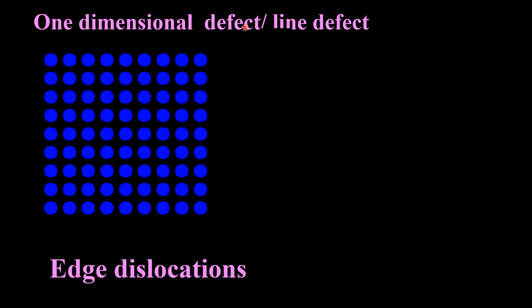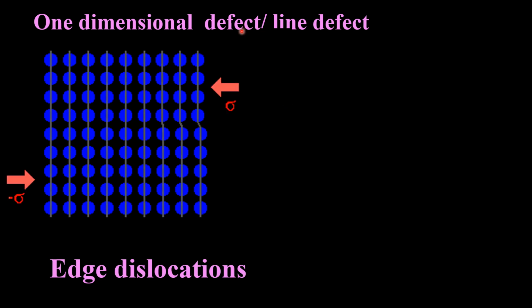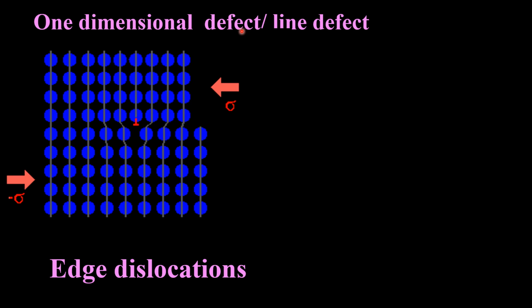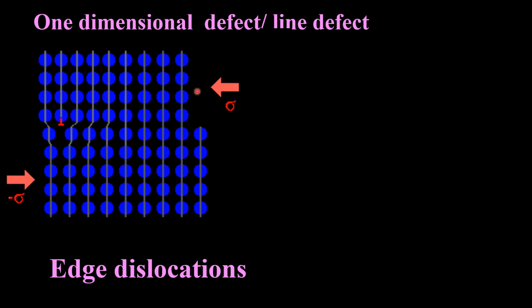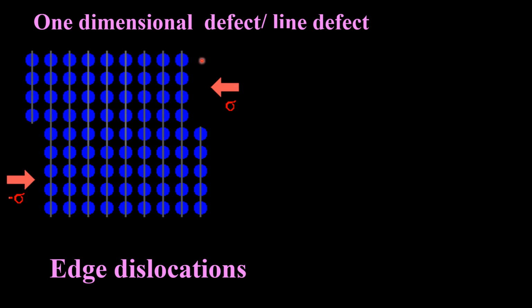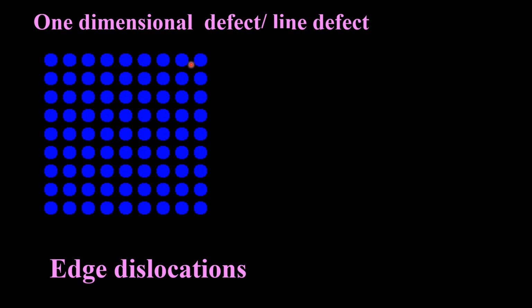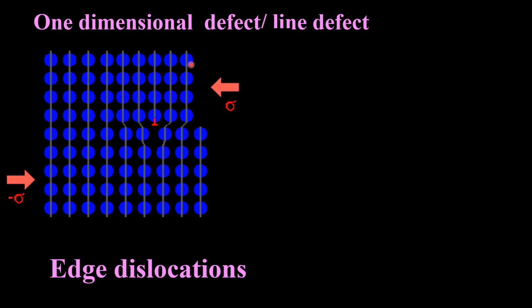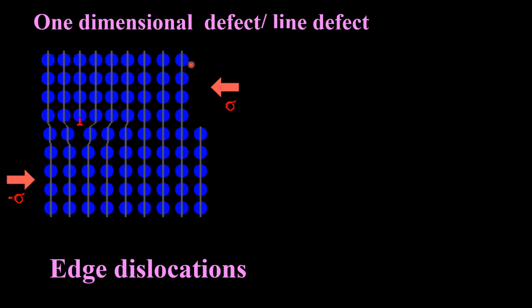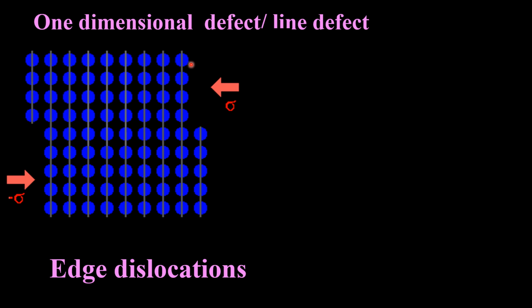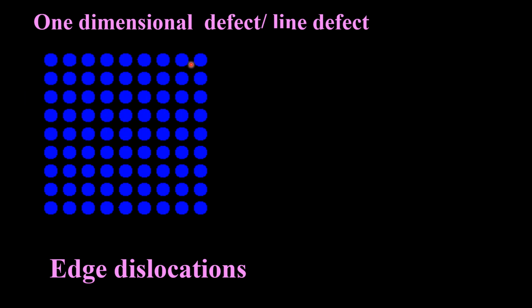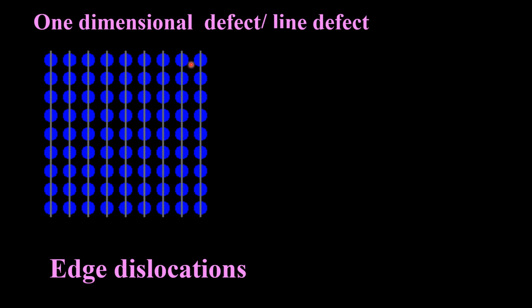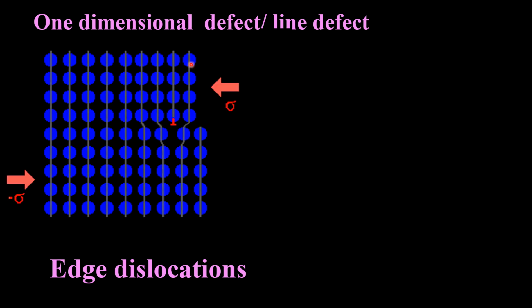Here you can see in this figure that when enough force is applied from one side of the crystal, the extra plane of atoms passes through the planes of atoms, thus making and joining bonds until it reaches the boundary.